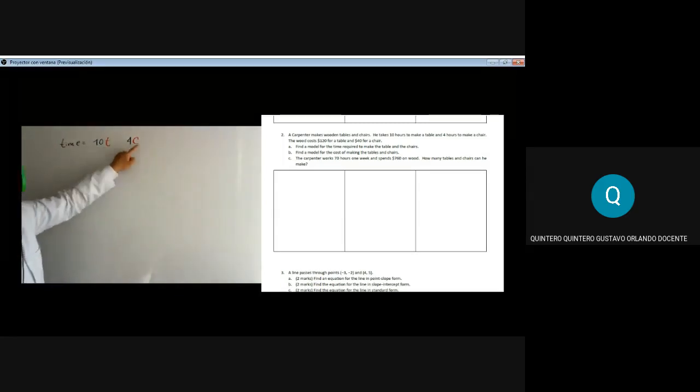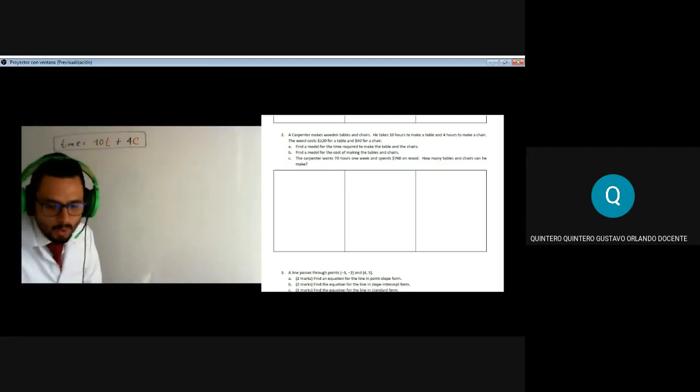That means 14 hours. 10 and 4. So yes, the solution here is an addition. Let me just write it real quick. Addition. So over here we have our model for the hours, for the time it takes the carpenter to make tables and chairs. That'll be question A.